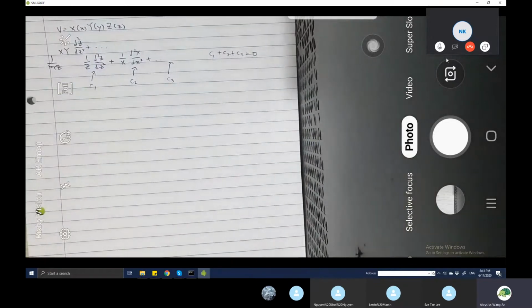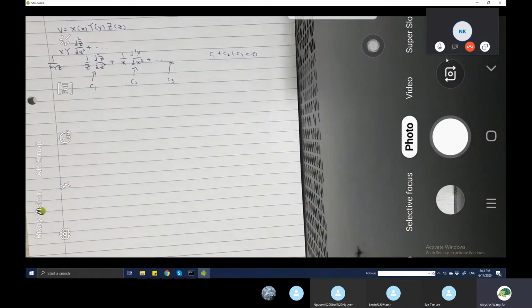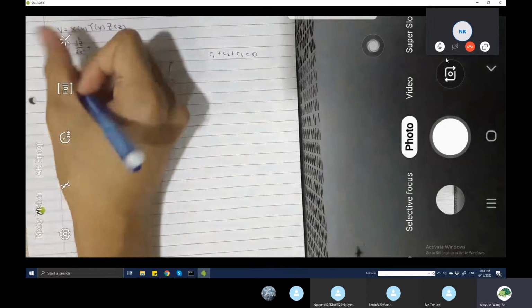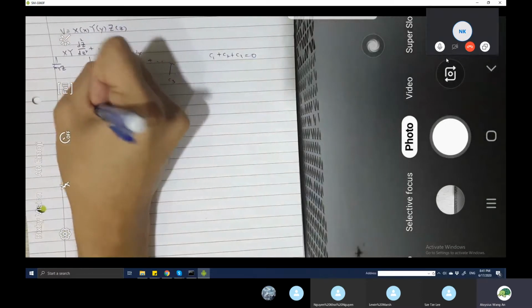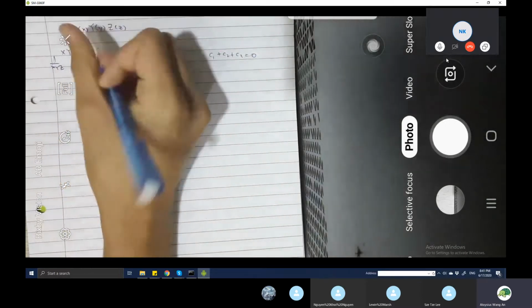The second part of this problem is about separation of variables in spherical coordinates. Okay, and the separation of variables in spherical coordinates is generally a little bit more complicated because your Laplace equation reads much more complicatedly in the spherical coordinates. It's going to look like this. Okay.